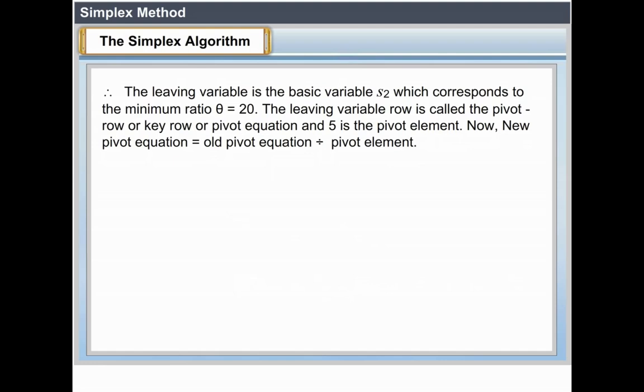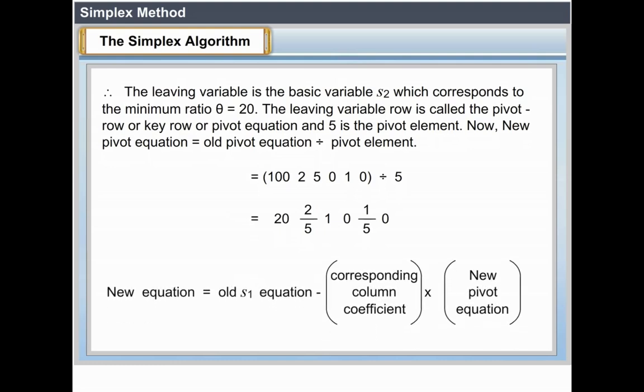element. Now, new pivot equation equals old pivot equation divided by pivot element. The S2 equation, 100, 2, 5, 0, 1, 0 divided by 5, we get 20, 2 by 5, 1, 0, 1 by 5, 0.